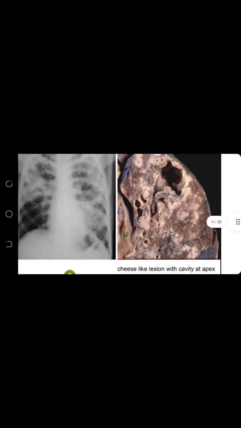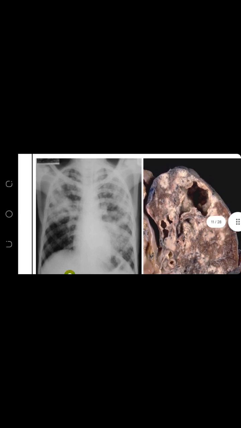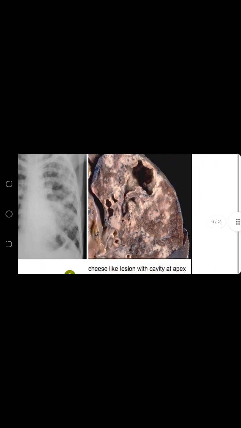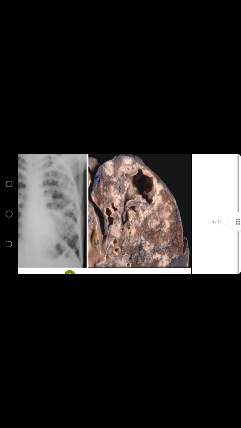Have you seen? Lungs are getting damaged, and this is where, when you conduct a normal X-ray and look at the lines, the way they appear simply tells you there is an abnormal destruction of the lungs. These are cheese-like lesions with cavities at the apex.